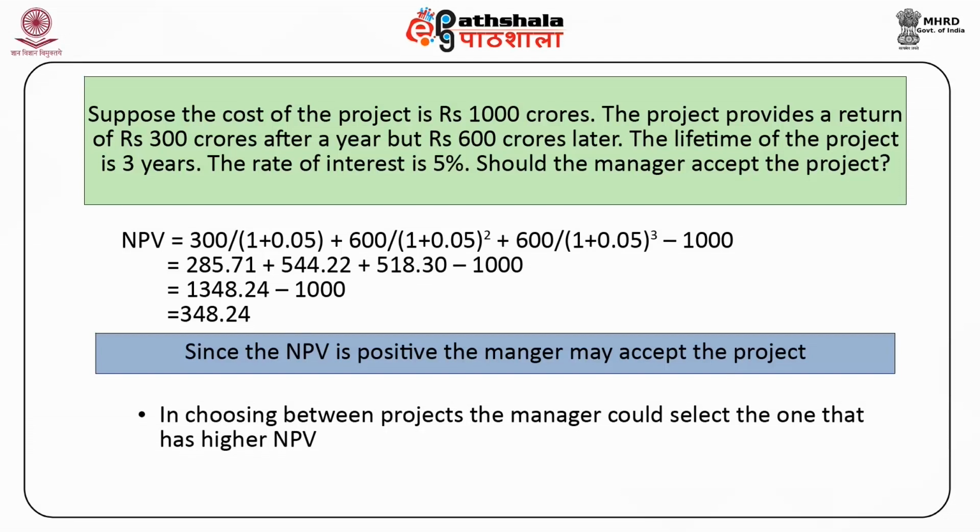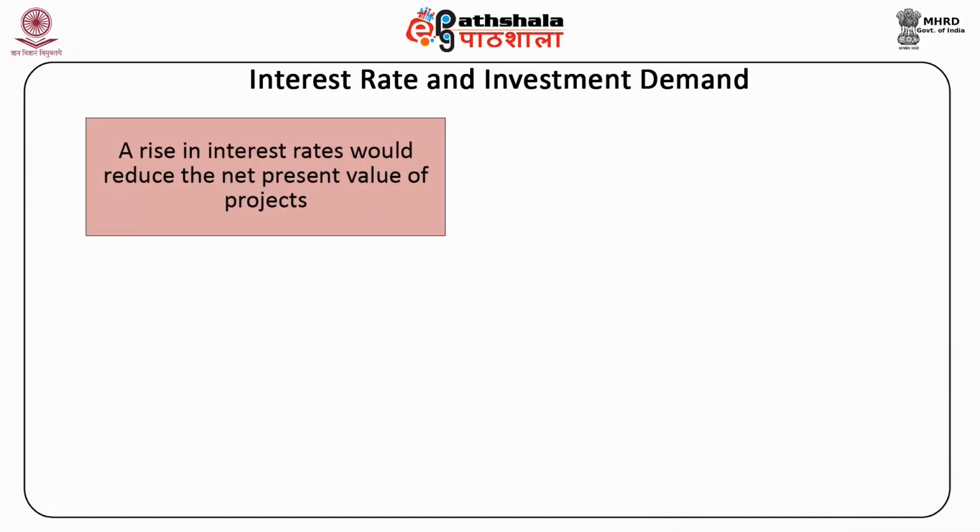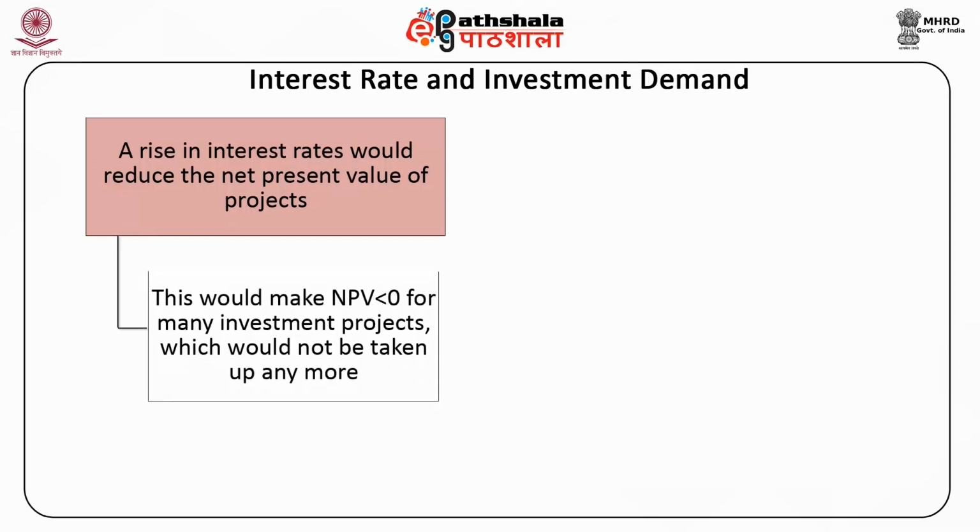In choosing between projects, the manager could select the one that has higher NPV. From the above discussion, it should be clear to you that a rise in interest rates would reduce the net present value of projects. This would make NPV less than 0 for many investment projects, which would not be taken up anymore.